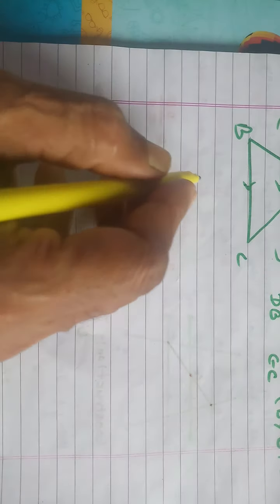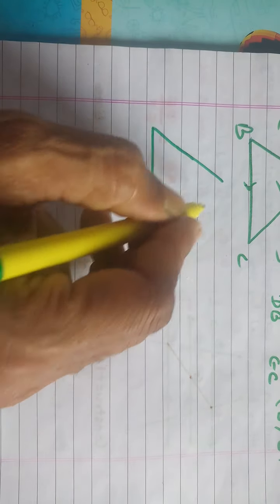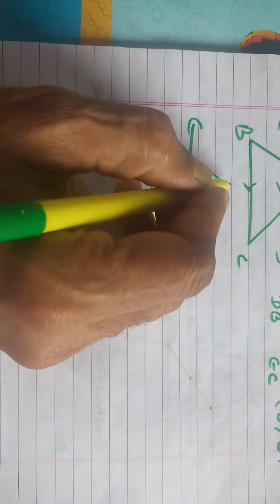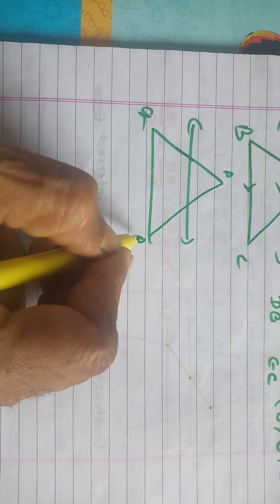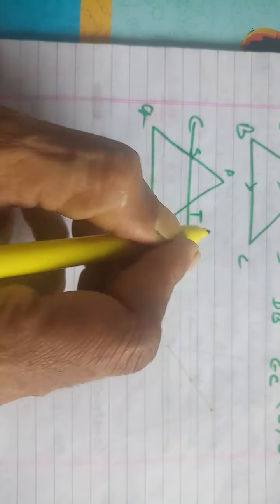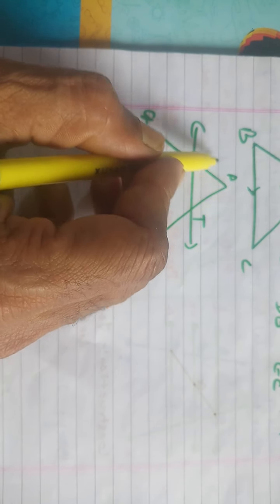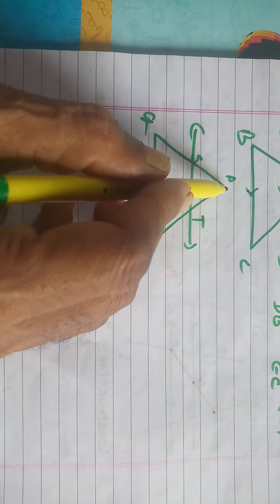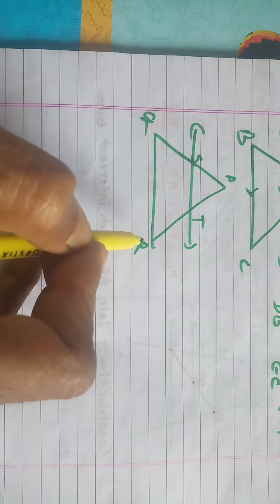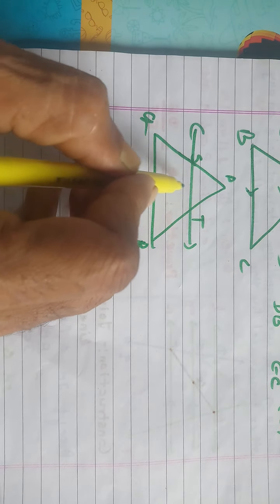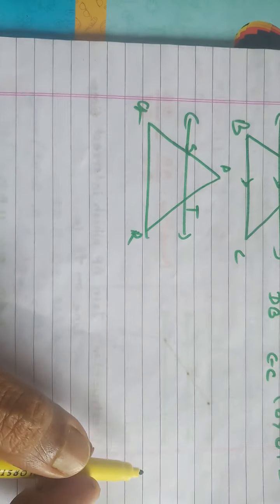Converse of this is, in this triangle PQR, if the ratio of PS to SQ and PT to TR is equal, then these two lines will be parallel.